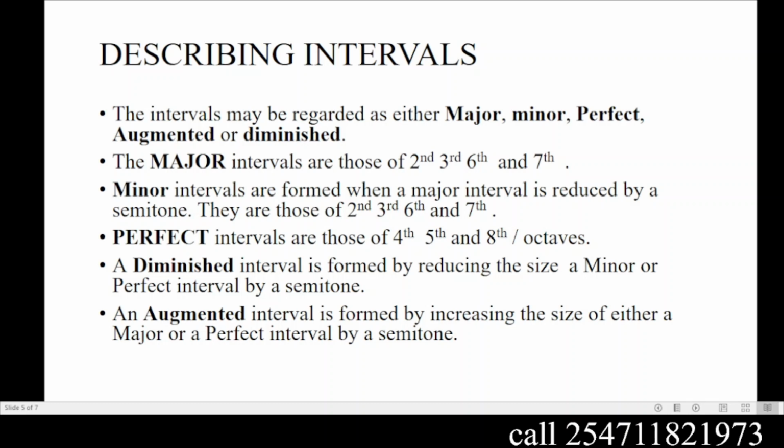Augmented intervals are intervals that are formed when increasing the size of either a major or a perfect interval by a semitone. So when you increase a major interval, it becomes an augmented interval. And when you increase a perfect interval, it becomes an augmented interval.